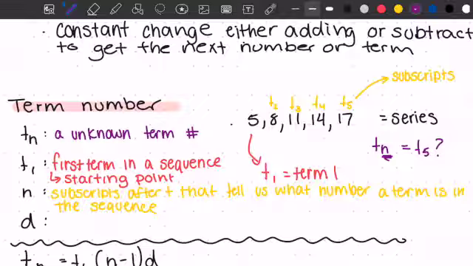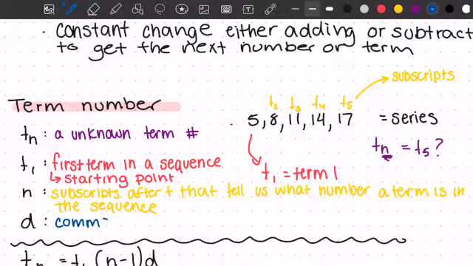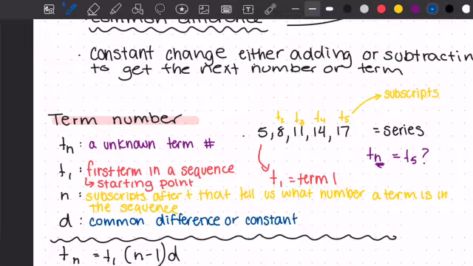D is our common difference or constant, which is what I talked about up here. I'll give you a second to write this down.